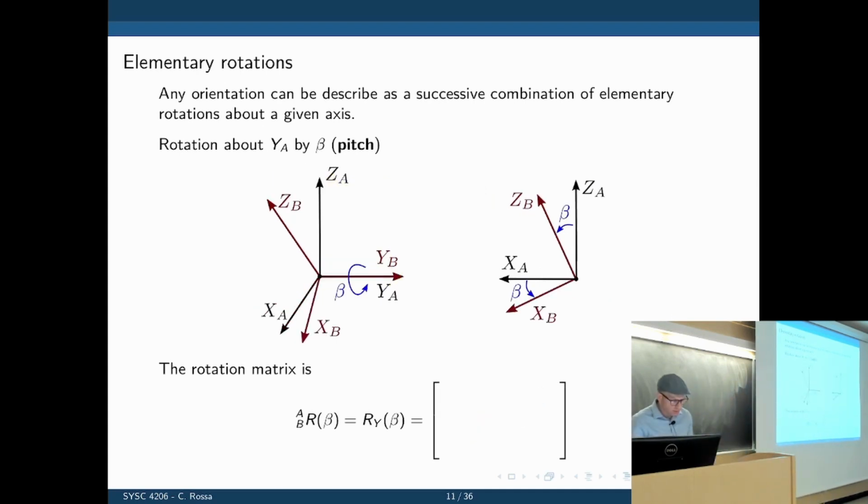Alright, so if that's okay, let's do the next one. Now we have the same problem. We had frames A and B that were aligned. And now frame B is rotated about YA by beta. That is what we're going to call the pitch angle.